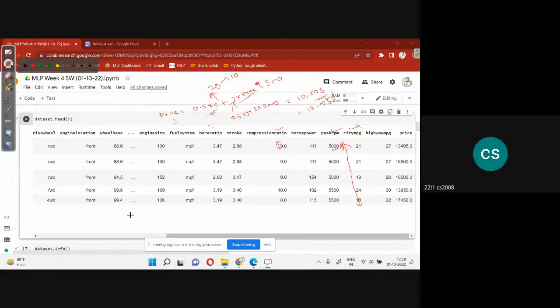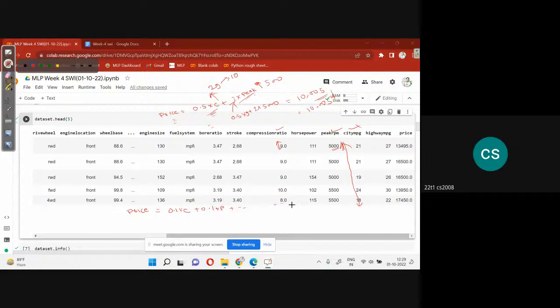So for example, let's say you are giving equal weightage to all the columns: 0.1 into compression ratio plus 0.1 into peak RPM also, and 0.1 weightage to all the other columns.